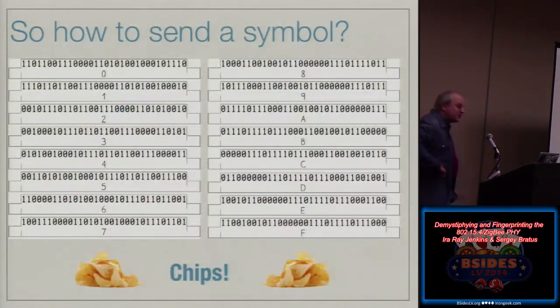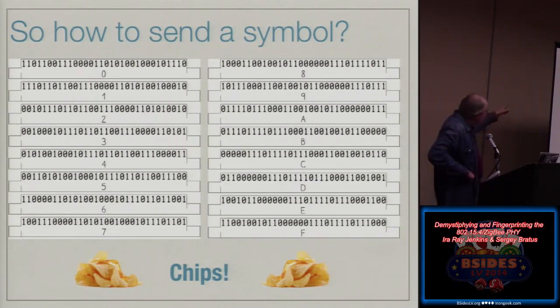All that I told you so far was actually a lie. That thing about nibbles being sent over the air, well, they're not what is being sent over the air. What is being sent over the air is chips. A chip sequence is an error-correcting code. So when I say that the symbol is a nibble, it's not actually true.